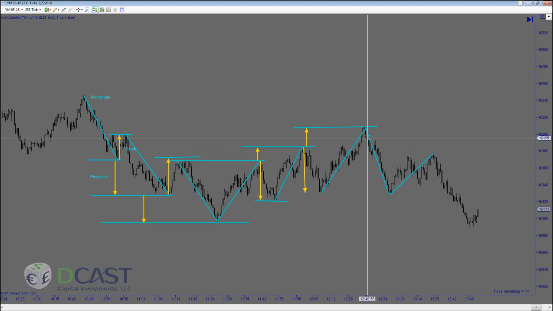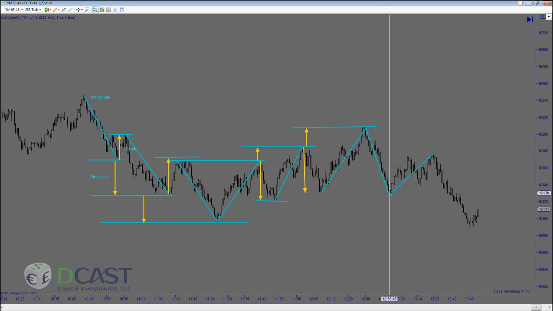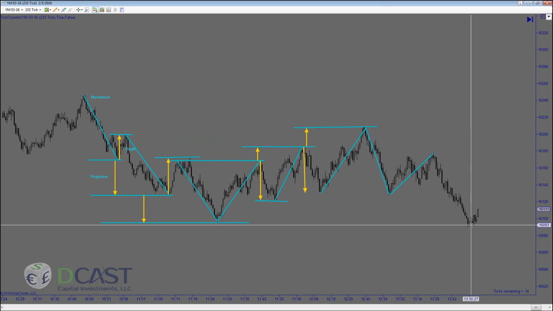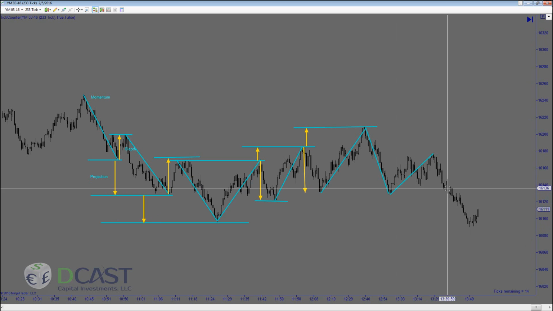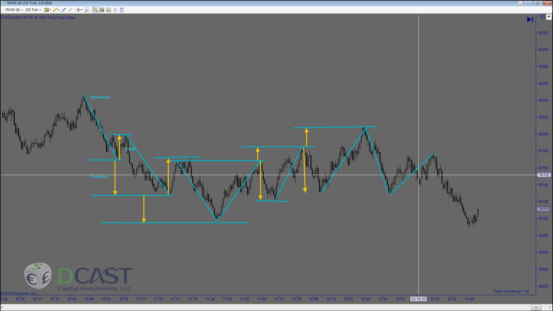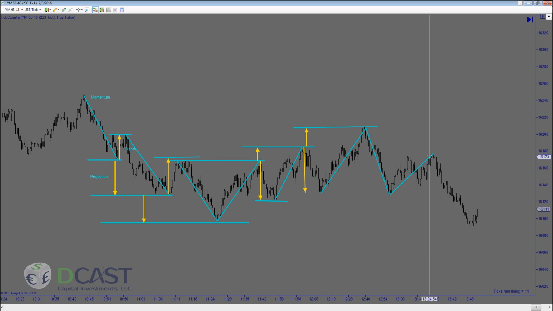Okay, and then once we break this structure, what happens? Expectation now is for a lower high and a new structure low, but we already knew before this occurred that our expectations of that new structural high were just pretty much non-existent. And that is how I'm able to come up with a realistic expectation as to whether my new structure high or low is likely to succeed or fail.